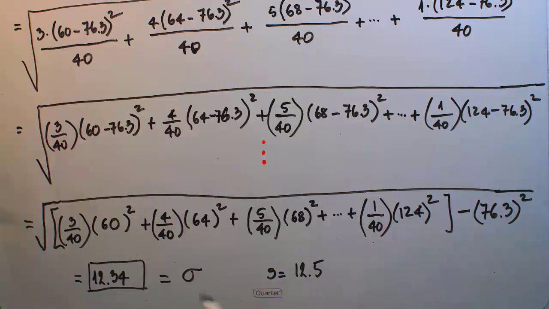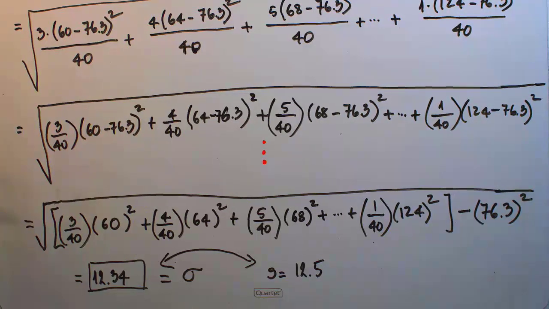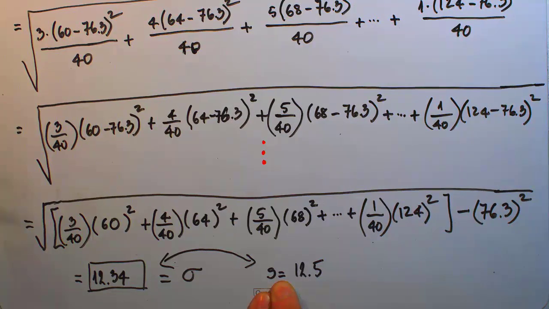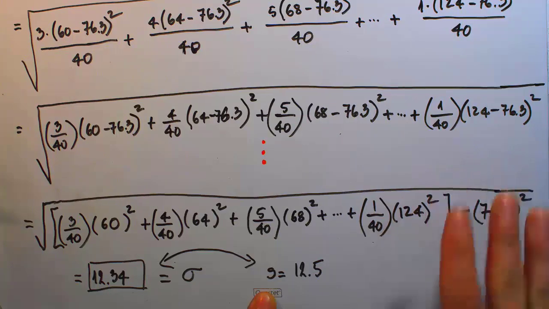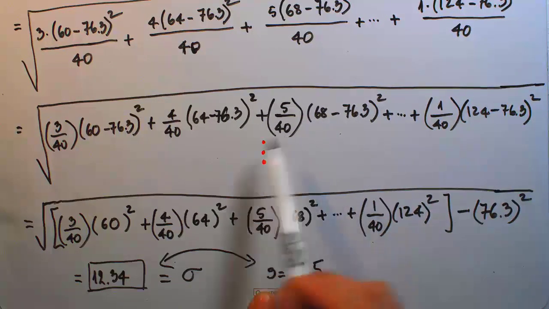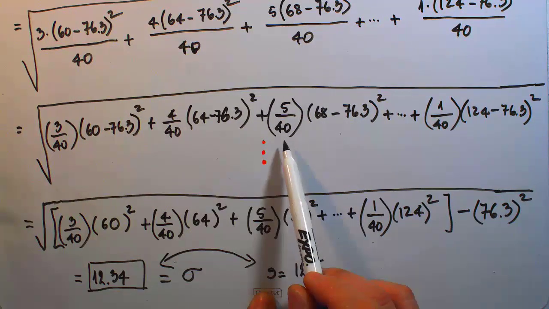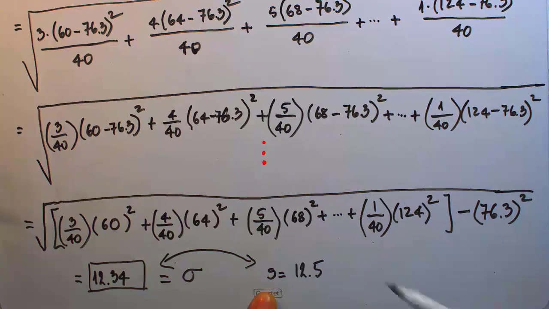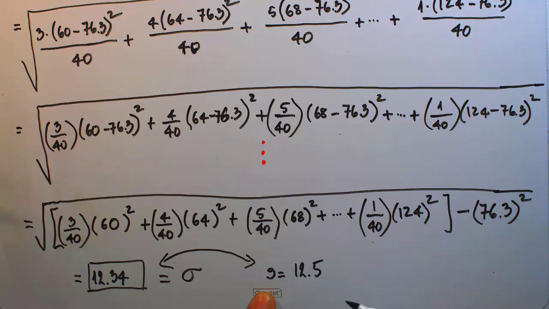So the answer has been a little different between these, and of course that makes sense, because we calculated this s almost the same in the formula, but remember this 40 right here because we divide by the n number, whereas back then we were calculating based on n minus 1, which was only 39 in the denominator.